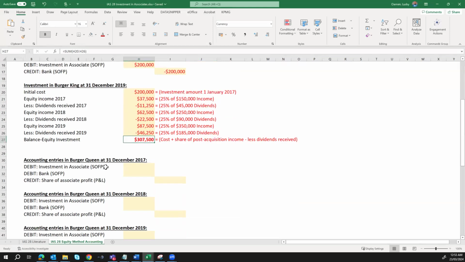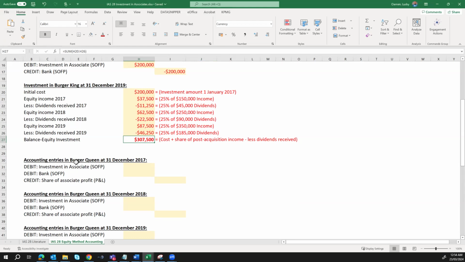So the first bit would be, because it has reported profits in the last 3 years, there's a direct relationship that your investment in associate will go up because you'll be recognizing profit as against losses. But if there is a loss that has been reported in the investee company, your share of losses will reduce the investment in associates. All right.